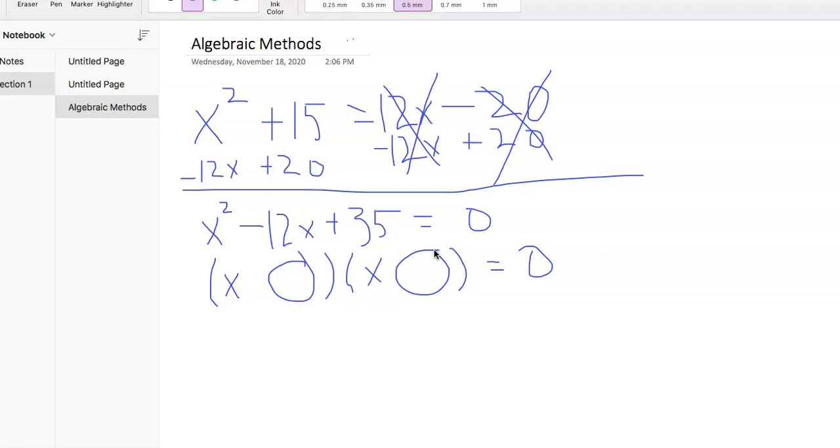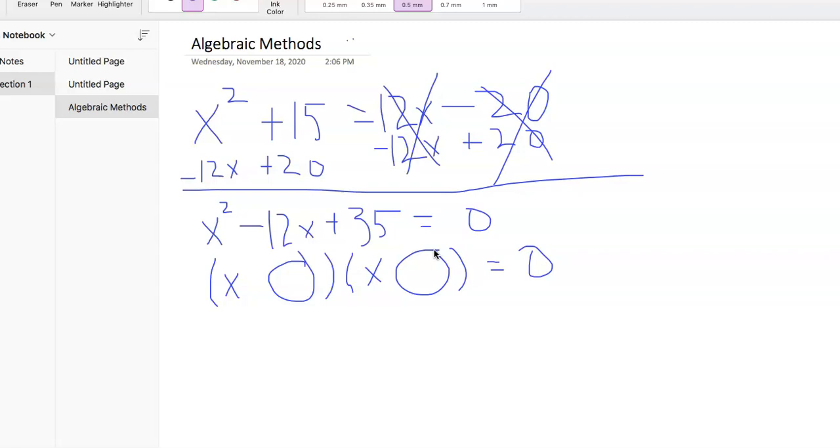Okay, so if we're thinking about factors of 35, there's 1 and 35, right? So if it was x plus 1 times x plus 35, that adds up to 36. So it does multiply to 35, but it doesn't add up to negative 12, so that doesn't work.